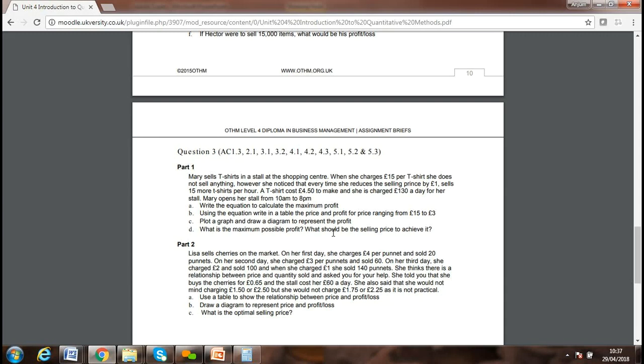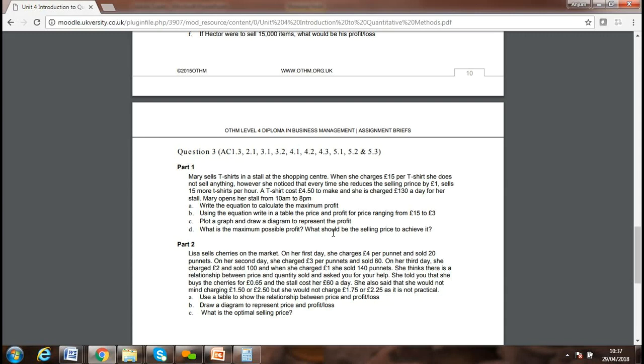So how much is the cost to make? £4.50 is the per t-shirt cost. That is a variable cost. So £4.50 times 15 shirts per hour. How many hours do we have? 10 hours.